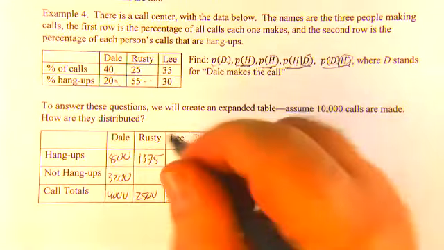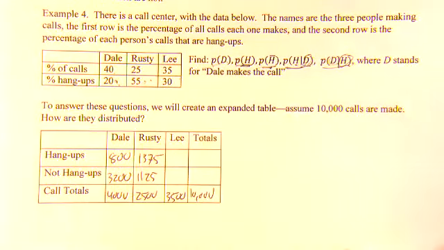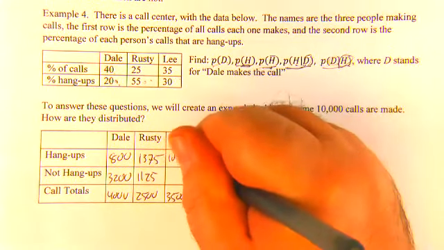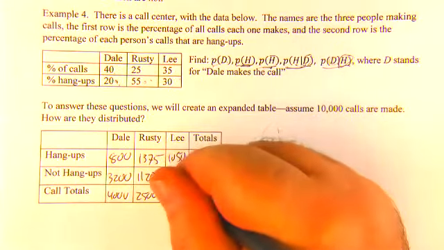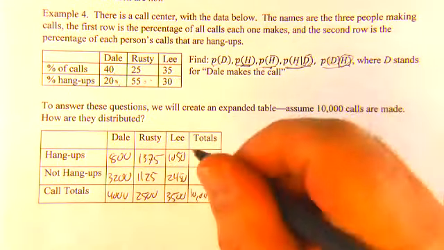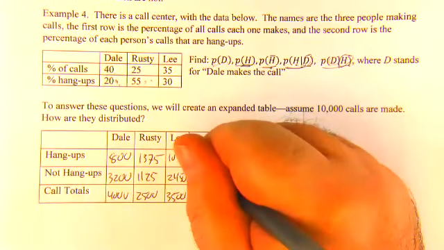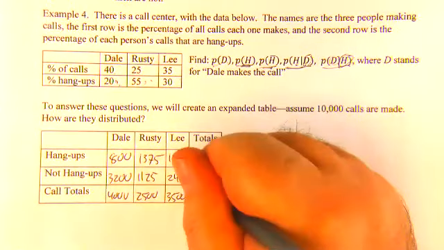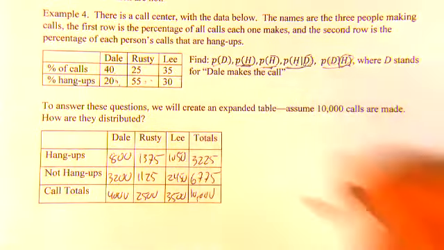And how many are not hangups? 1,125. For Lee, 30% of Lee's 3,500 calls are hangups. So that's 1,050. And 2,450 are not. So the totals, out of every 10,000 calls, about a third are hangups and 2/3 are not, roughly.